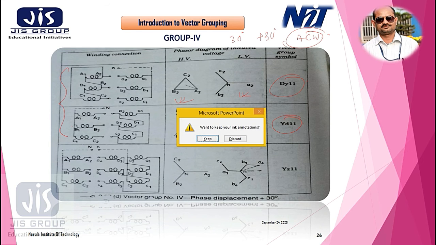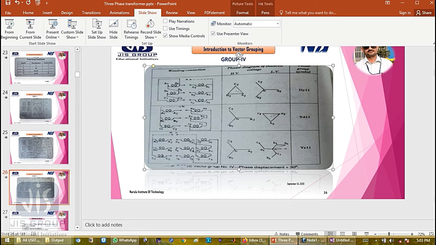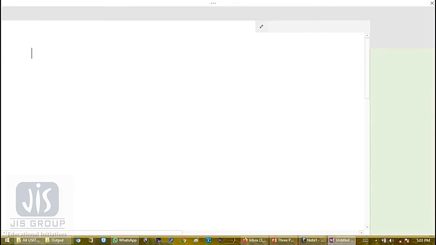Okay, so first DY11. So again the same thing, an equilateral triangle. So this is my equilateral triangle A2, B2 and C2.